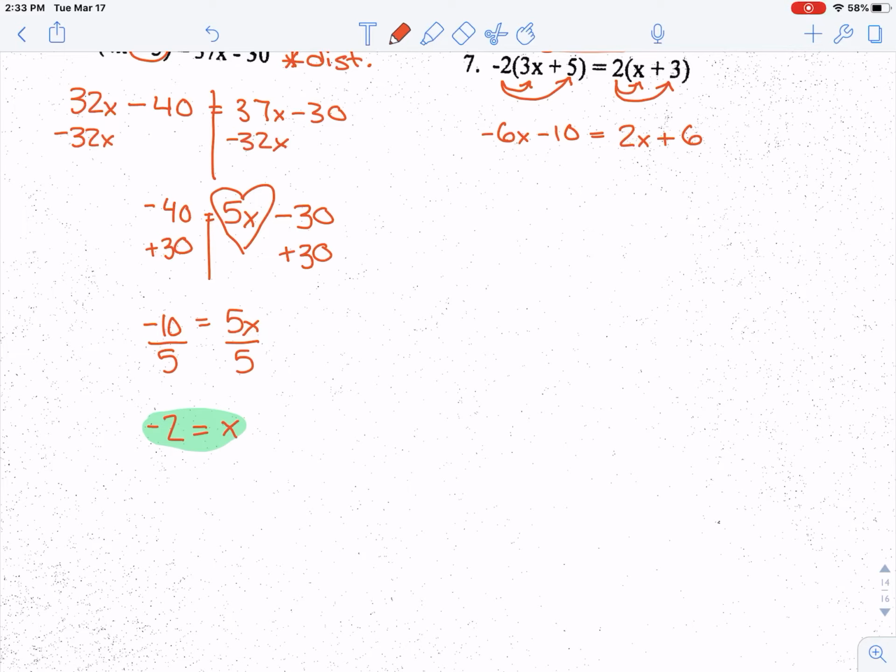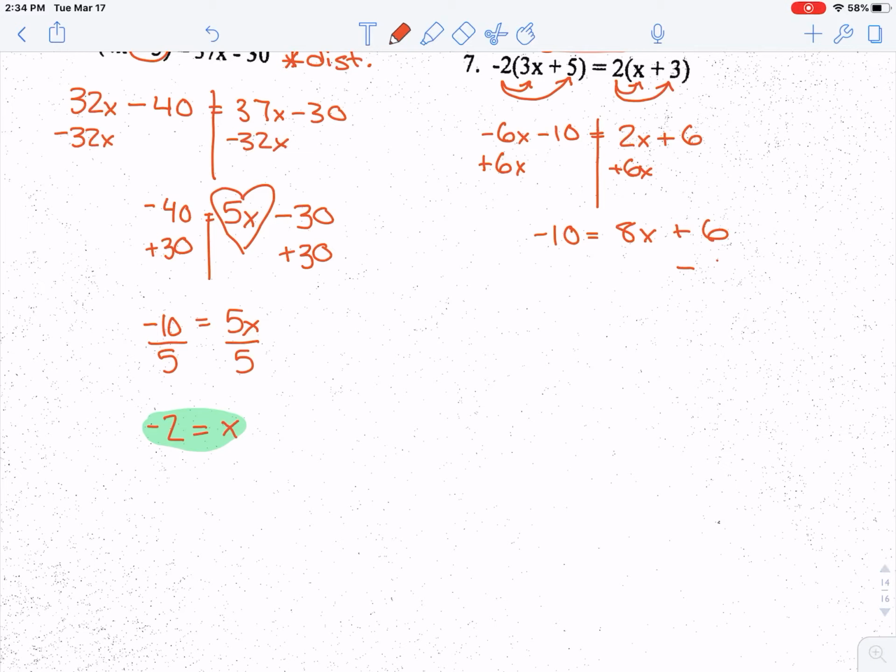And again, now that we have this set up, it's simplified on both sides, we are able to combine our terms. If I were to subtract 2x, I would get a negative number for my x. So I'm going to add my 6x instead. And I get negative 10 left over here on my left side is equal to 8x plus 6.